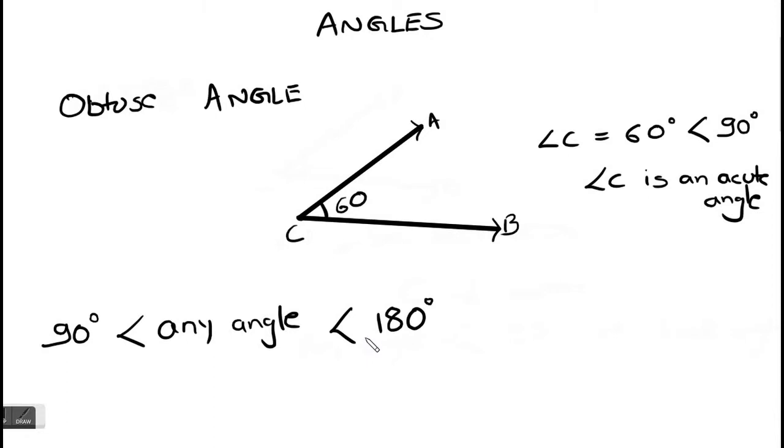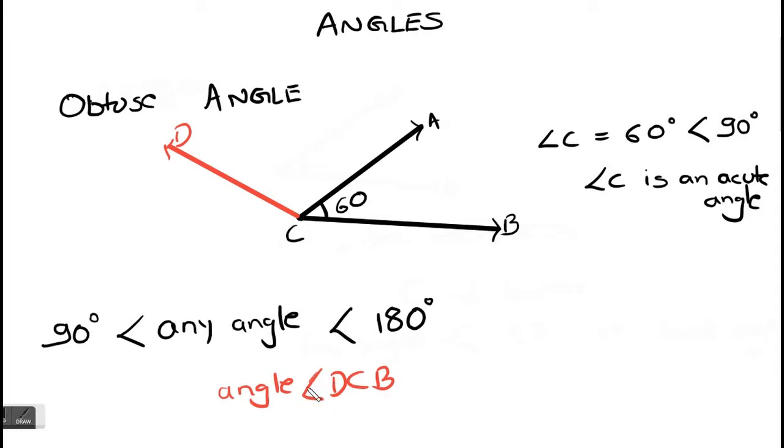So let's say if I add another line like this, and I call it D, I'll mark this angle DCB. By the way, this is how you represent an angle.